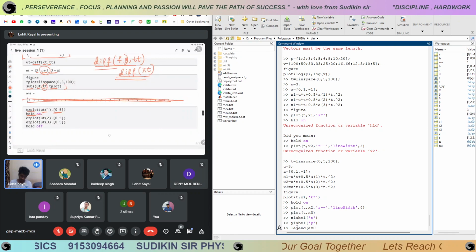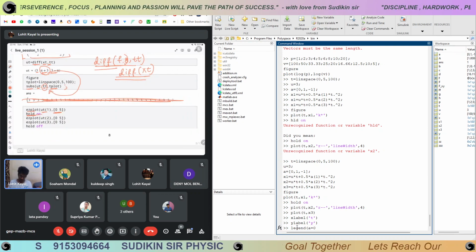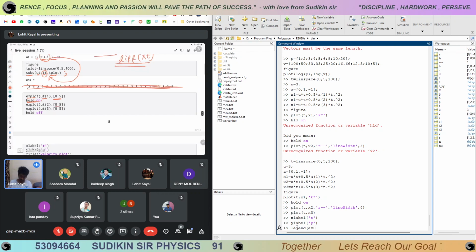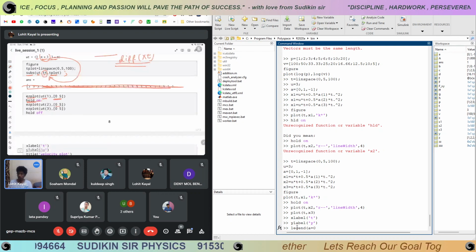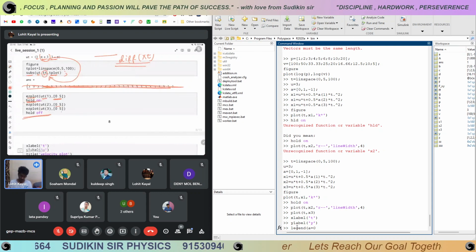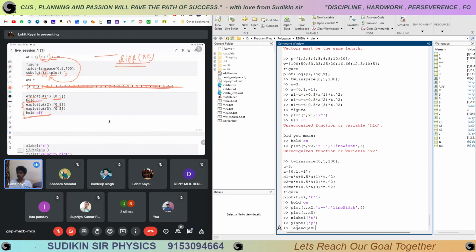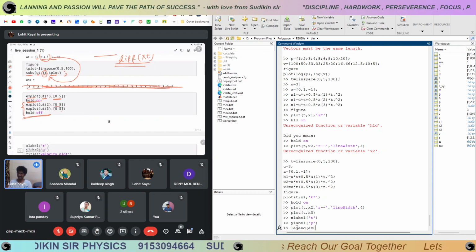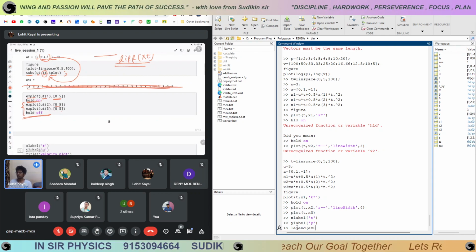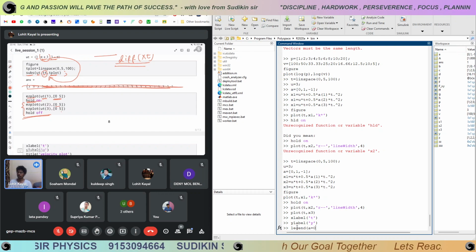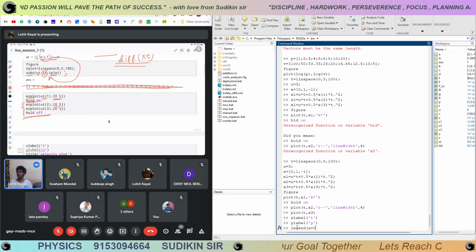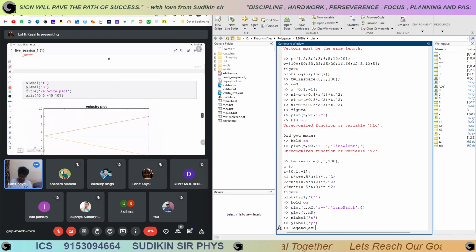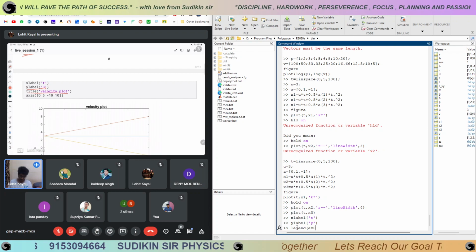But remember, I have already substituted it with the numerical values. ut2 0 5, and again ezplot ut3 0 5, and hold off means I was plotting on the same figure, now I do not want to plot on the same figure. If I plot something else after hold off, it will appear on a new figure. So again, xlabel t, ylabel u, title velocity plot.